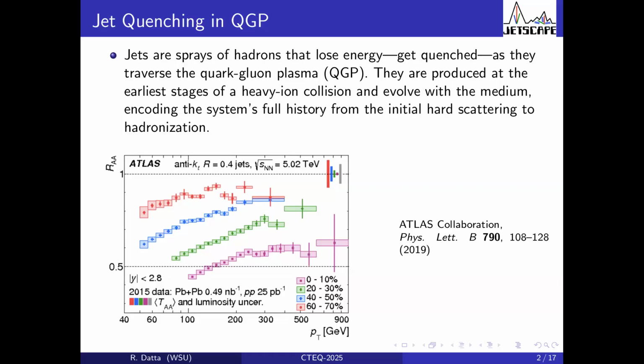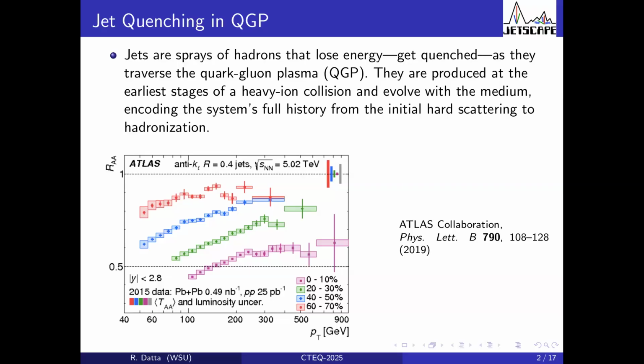A jet which is formed and then passes through this QGP tends to lose a lot of energy. That's jet quenching. I have taken three conditions: 0 to 10%, which is a head-on collision, and 60 to 70%, which is a peripheral collision, brushing past each other. In 0 to 10%, the amount of QGP formed is large, and you can see a lot more quenching with the purple points. This is data from ATLAS at 5 TeV. If you take 60 to 70%, it is much less quenched.